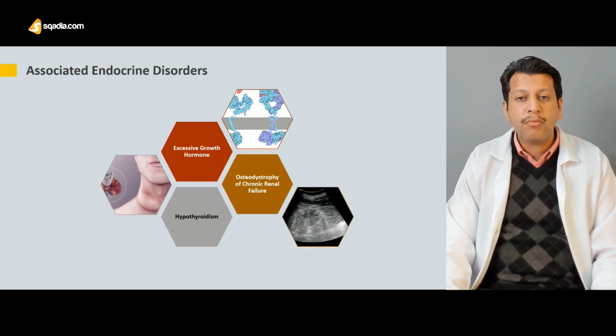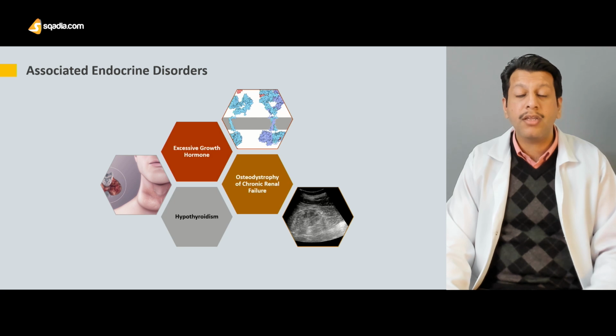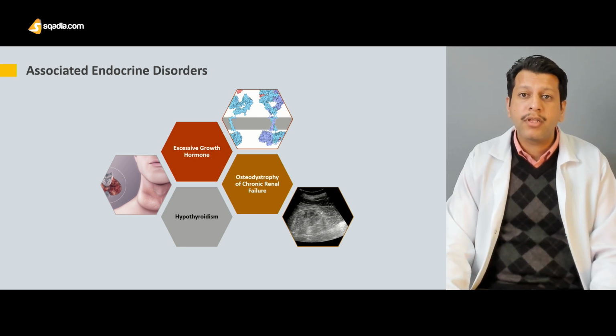Other associated problems are osteodystrophy of chronic renal failure and panhypopituitarism. All these endocrine abnormalities make the patient more susceptible to slipped capital femoral epiphysis.